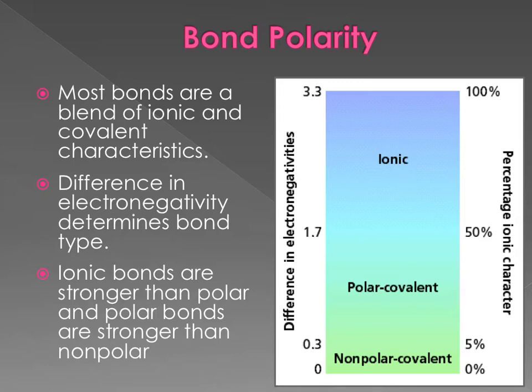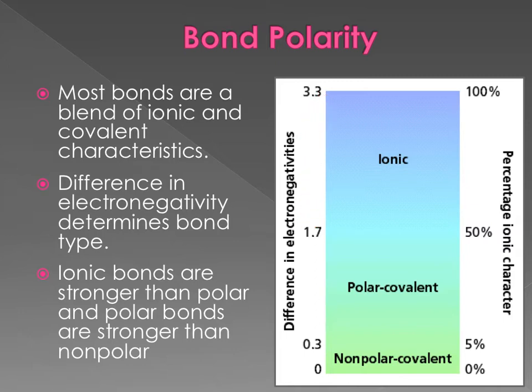If we look at this diagram, this is going to tell you whether the bond itself, not the molecule, is going to be ionic, polar covalent, or nonpolar covalent. You'd look on your electronegativity chart, find the difference of those electronegativity values, and see where it falls within this range.